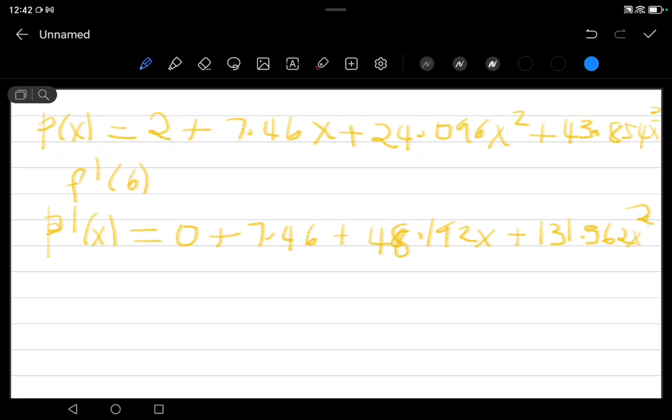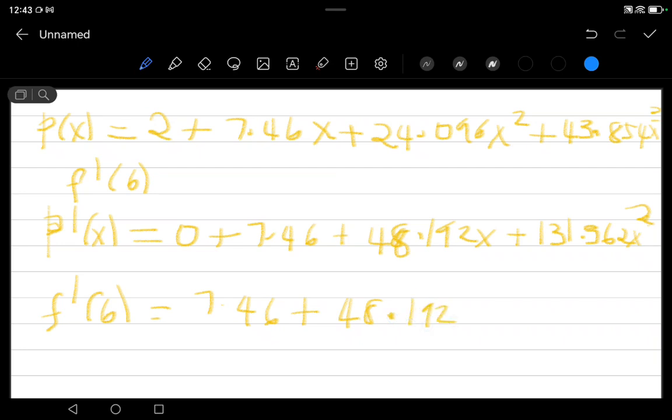Okay, x squared. Now we have the derivative of this. They want f prime of 6, so f prime of 6 is going to be 7.46 plus 48.192.